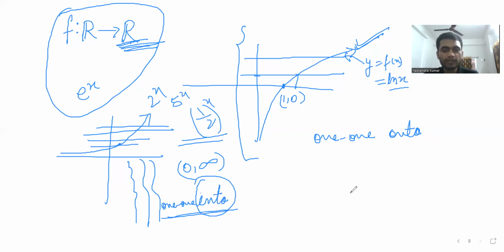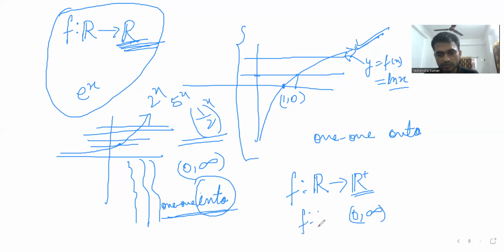When our function is written like this: from real numbers going to R plus, the positive reals, that is fine, or R plus can also be written as 0 to infinity. So our function may be defined in this manner. So now this is onto and one-one, right, for these functions.